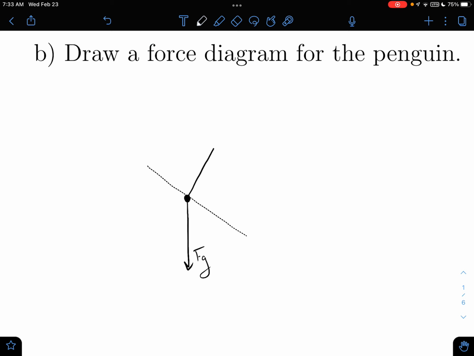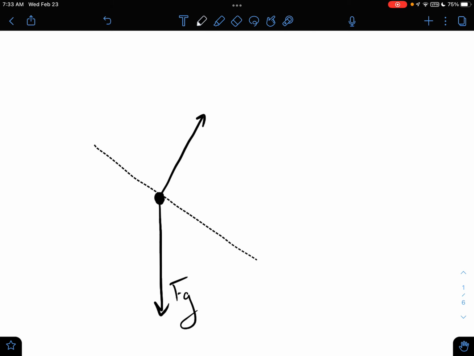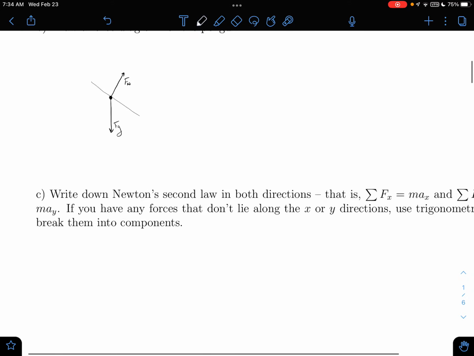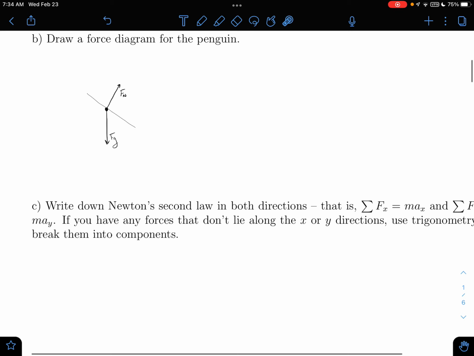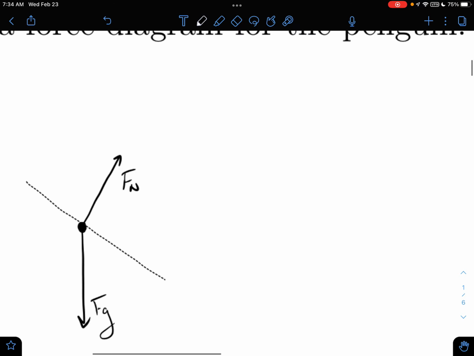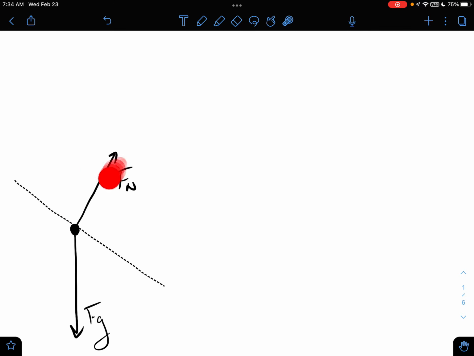There's our force that's normal to that. We know that we're going to be looking in our x and y coordinate directions, so I'm going to break our normal force into x and y components so we can do a sum of all forces in those two directions.